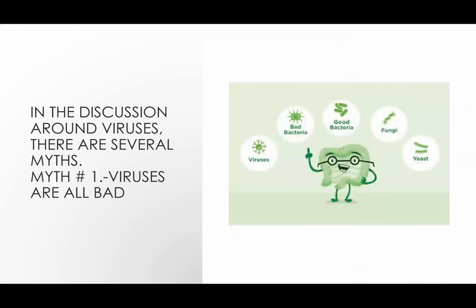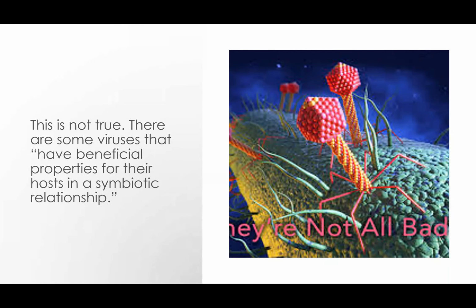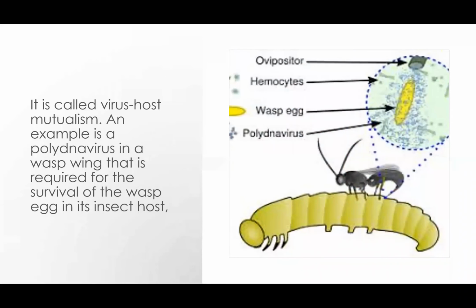In the discussion around viruses, there are several myths. Myth number one, viruses are all bad. This is not true. There are some viruses that have beneficial properties for their host in a symbiotic relationship. It is called virus-host mutualism.